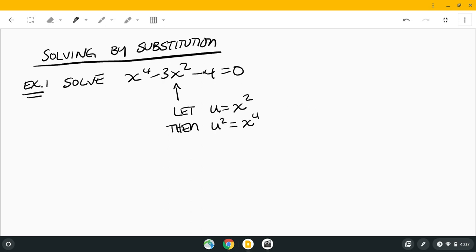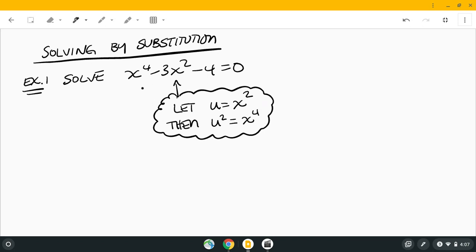If u represents x squared, then u squared would be equal to x to the 4th. And so what I can do here is substitute. Since x to the 4th is equal to u squared, I'm going to replace the x to the 4th with u squared. And since x squared equals u, I'll replace the x squared with u.